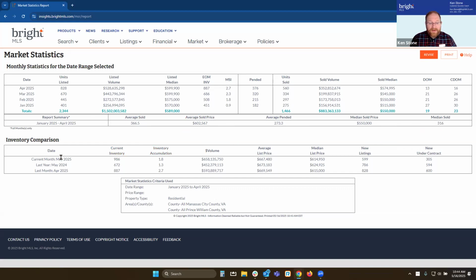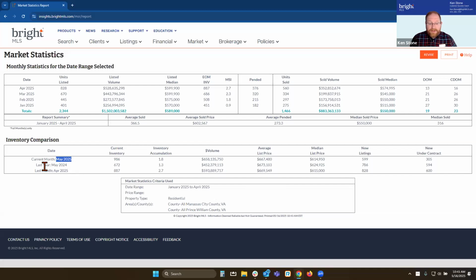And then we do get to see our current month, this month, of course, being May, the current units available in our combined market, inventory accumulation, volume, average sale price, median sale price, and new listings as new under contract.